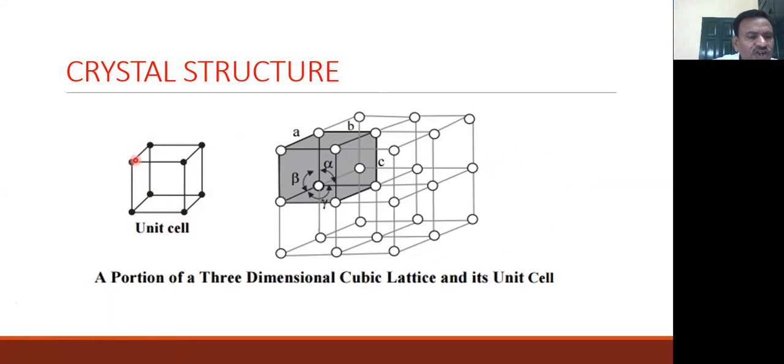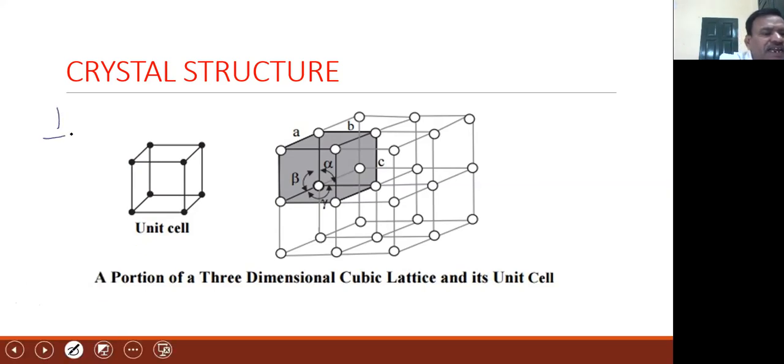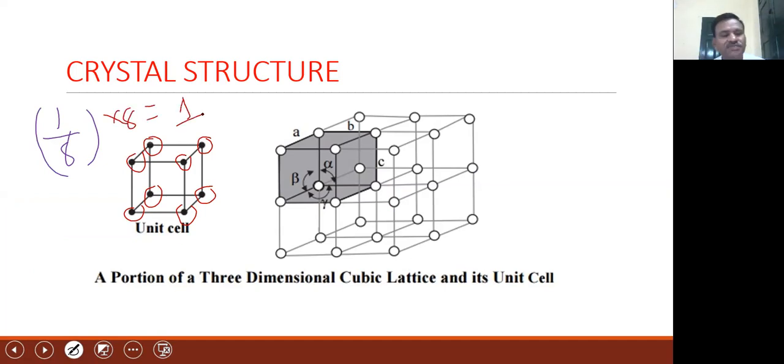At each corner, the lattice point contribution, as I just showed in the elevation, is only 1/8. Now, how many corners are there? One, second, third, fourth, fifth, sixth, seventh, eighth. 8 into 1/8 equals one atom. That is a three-dimensional diagram.